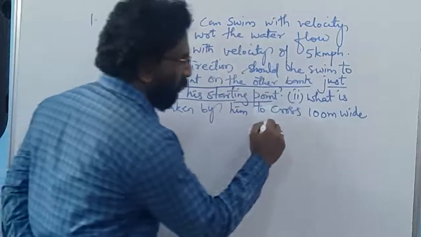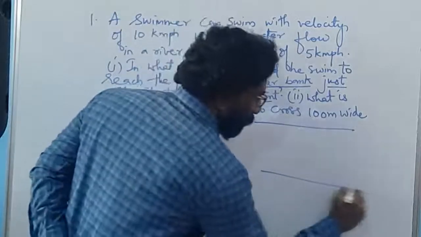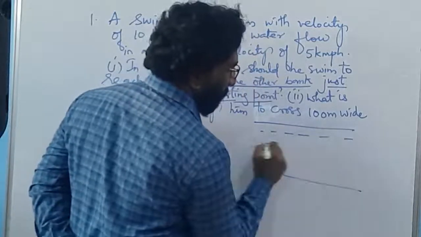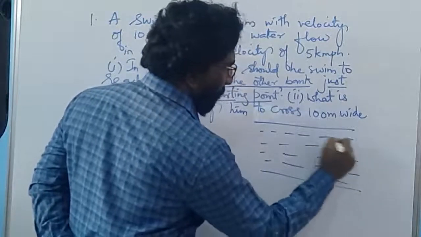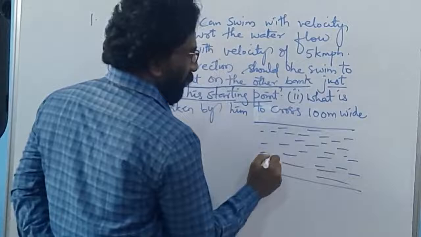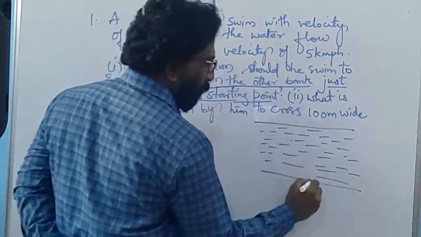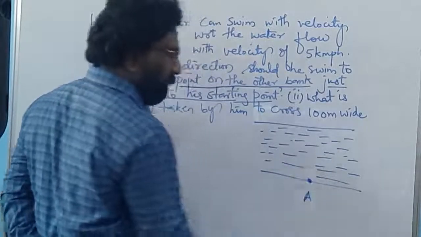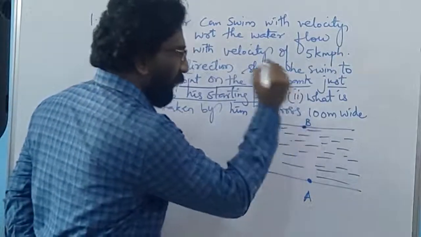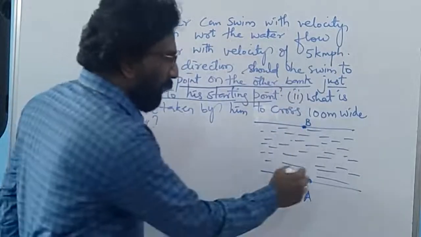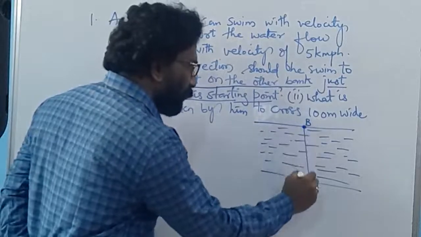So see now, if I draw the diagram, if this is my river, if I am standing over here at my point A, I need to cross the river at point B. Means my distance should be this one.